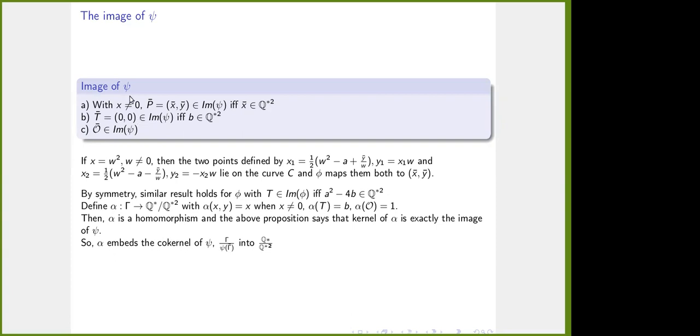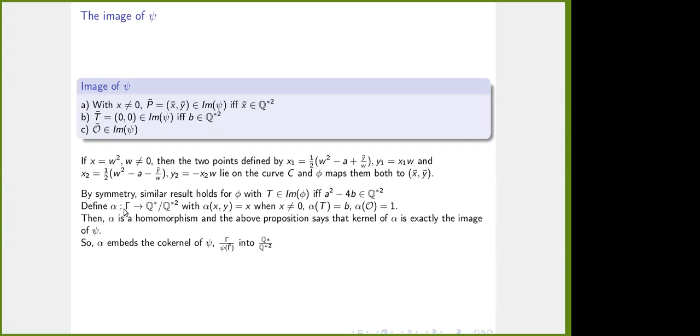And this lemma is basically saying that the kernel of alpha is all the points whose x coordinate is a square, and the x coordinate is a square precisely when the point belongs to the image of psi.